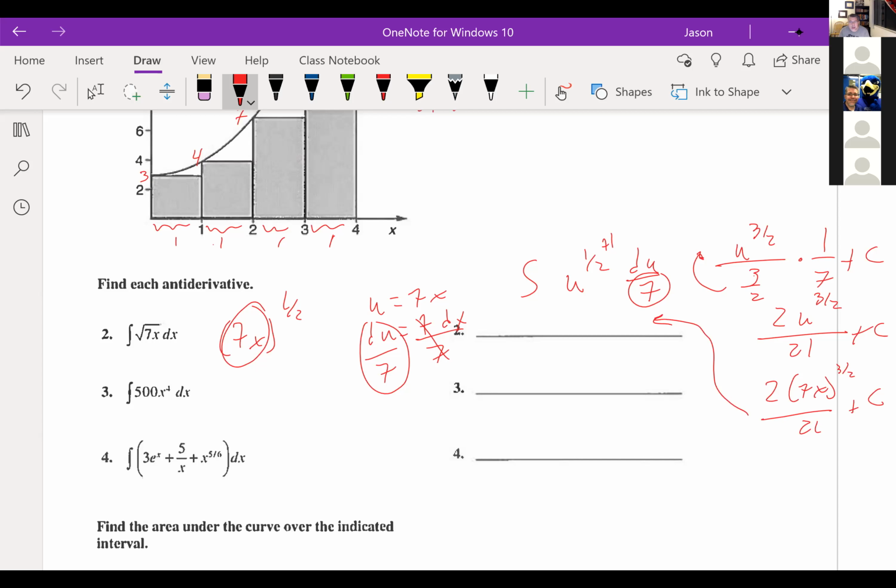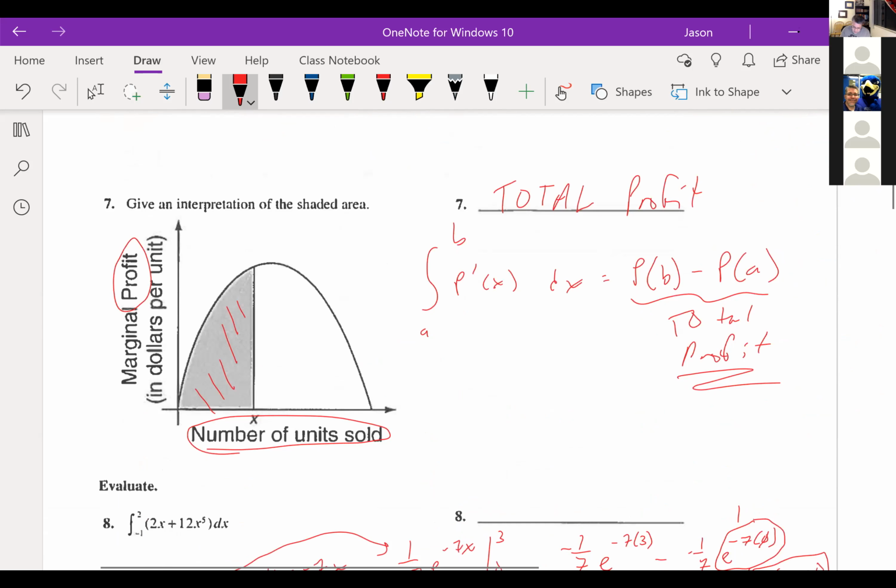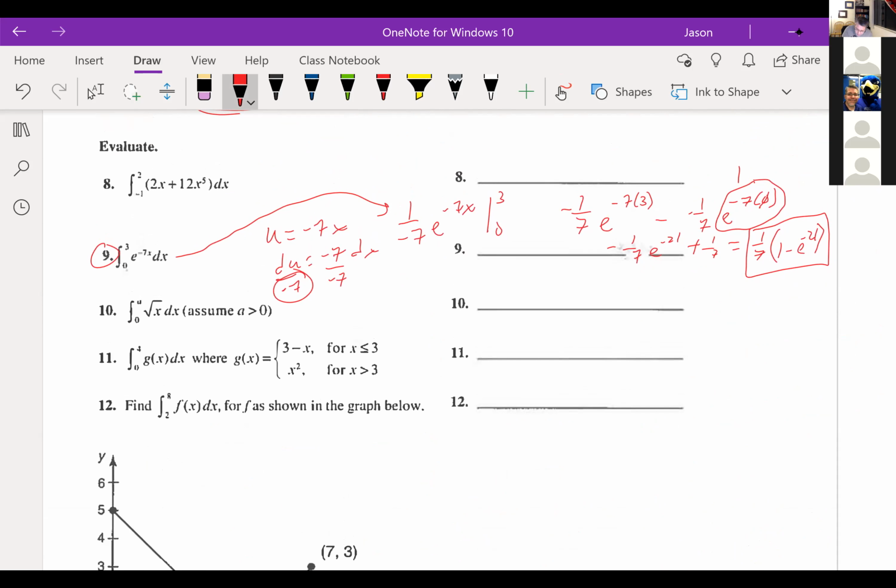Okay, number 10. What is the integral of x to the 1/2? Oh, very similar to what we just did. So x to the 1/2, add 1 to that, that equals 3/2. So this is 2/3 x to the 3/2.